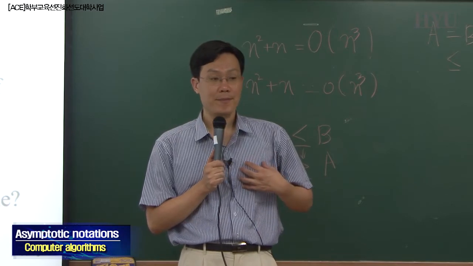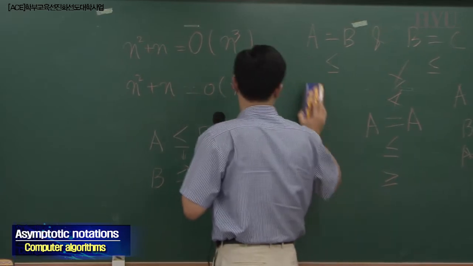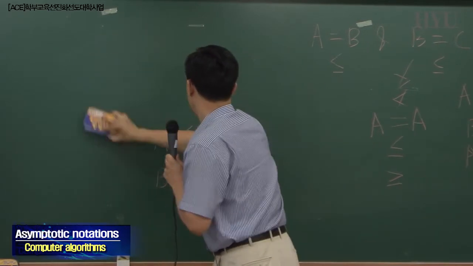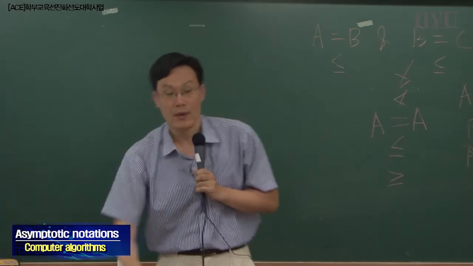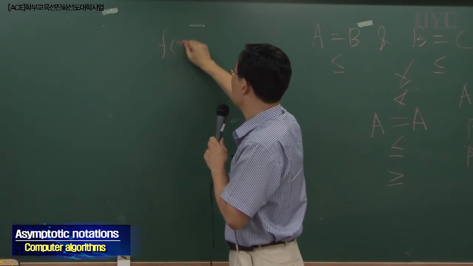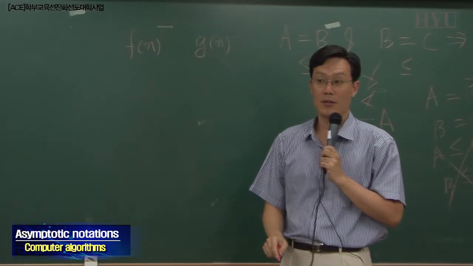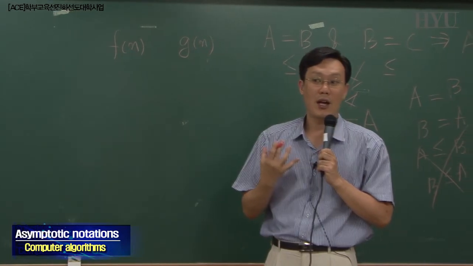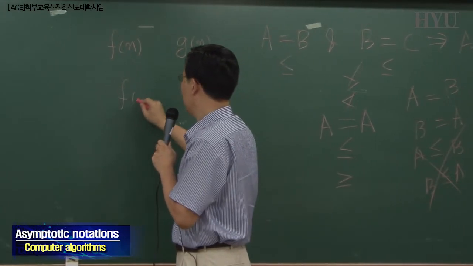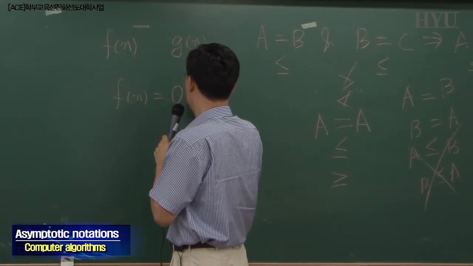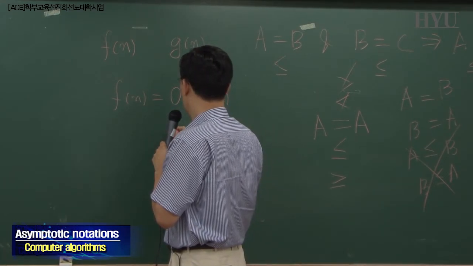We think that, if we are given two functions f of n and g of n, if they are comparable, then f of n is either big O of g of n, and so on.